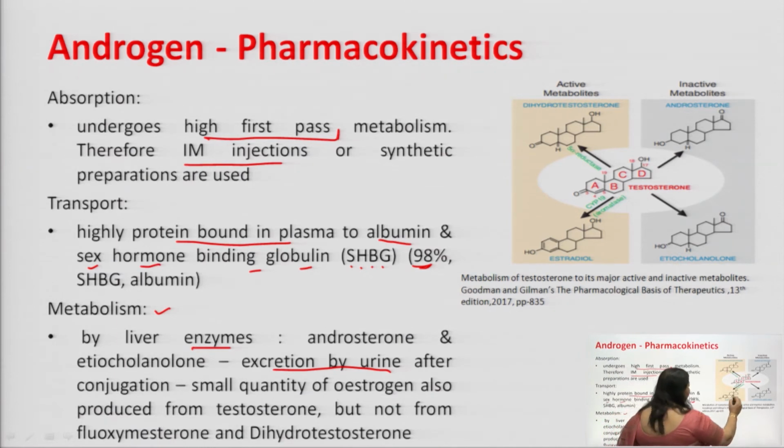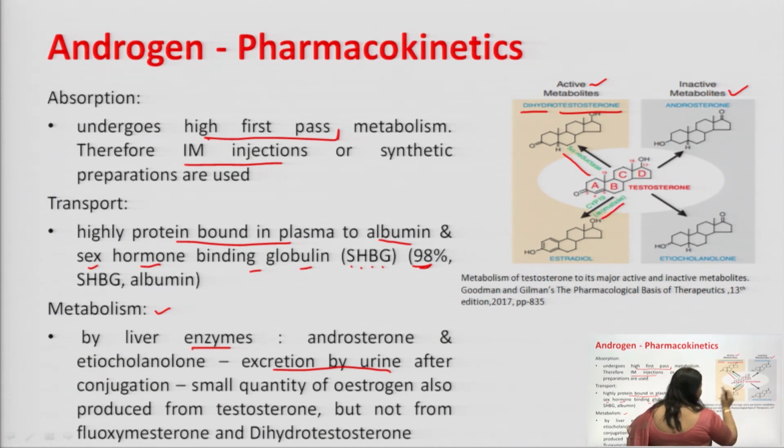We can see here that testosterone produces certain active metabolites and also inactive metabolites. The active metabolite, as we have already seen, is produced by the enzyme 5-alpha reductase, which produces dihydrotestosterone, which is responsible for most of its actions.